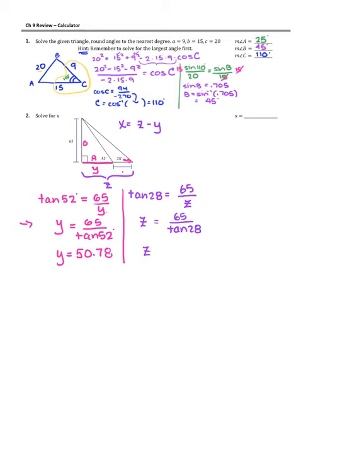And so Z, going to our calculator, is 122.25. So we can then just find X by taking 122.25 and subtracting 50.78, and that's how we get X as 71.47. All right, there we go.